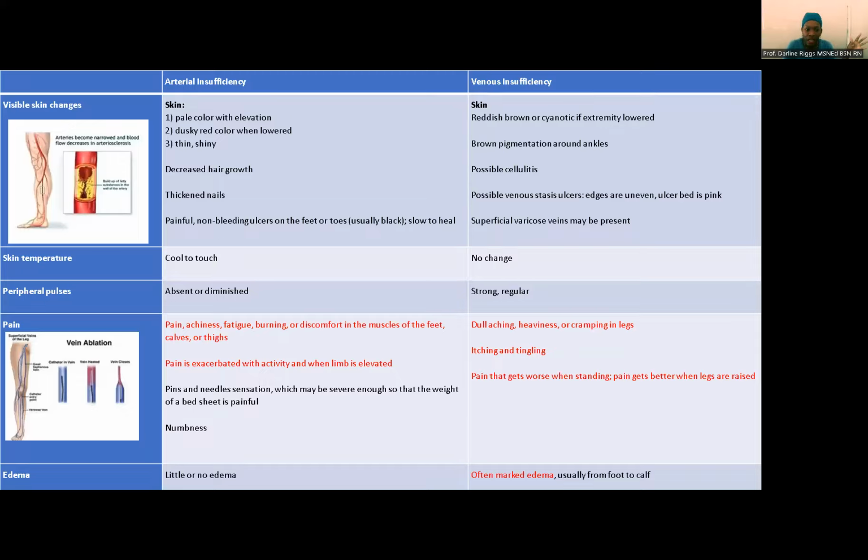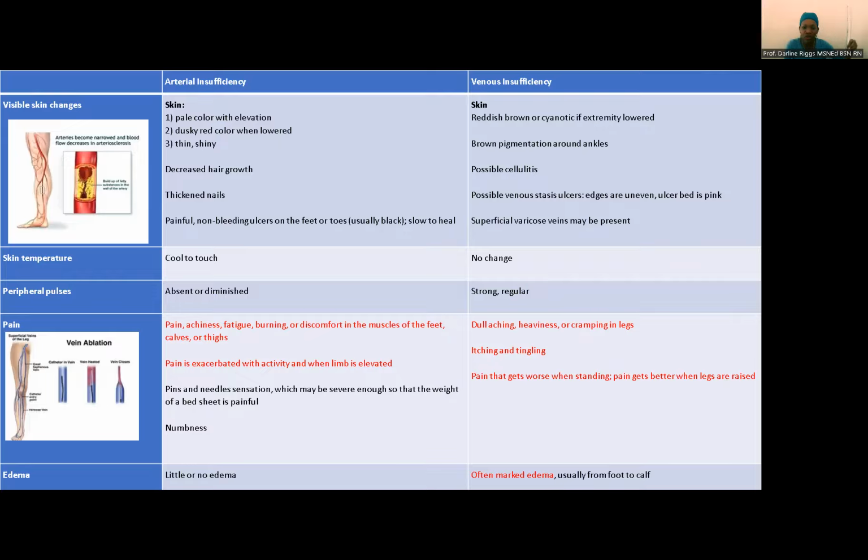They act like a diabetic. These clients are cool to touch. The pulses are diminished or absent at times. And you see here the opposite: it's strong and regular in venous. So in arterial, pain, achiness, fatigue, burning, discomfort, it's not a good feeling. And they have it all the time in their calves and thighs.